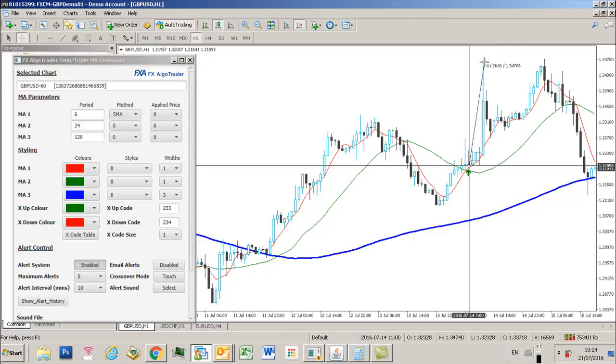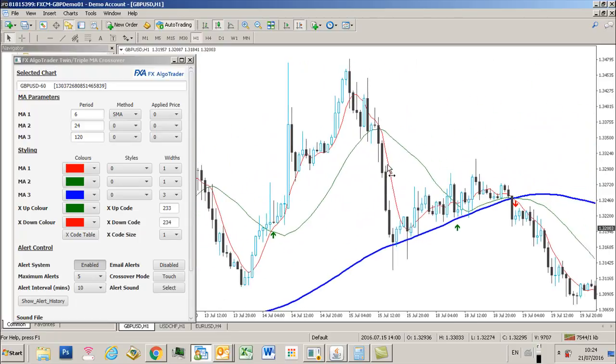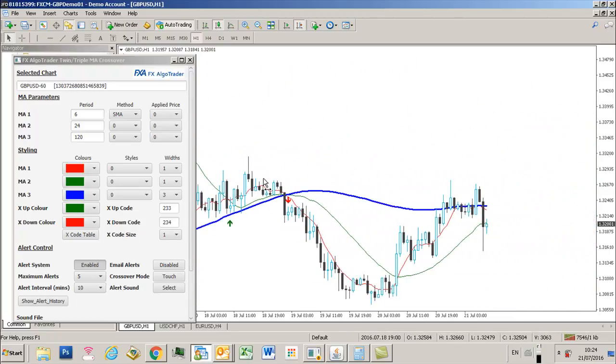You'd have seen 260 odd pips there, 250 on that second leg. But then once the market starts to consolidate a little bit, this signal here is actually not bad, 50-60 pips, and this short signal here, again pretty solid, 160 odd pips.